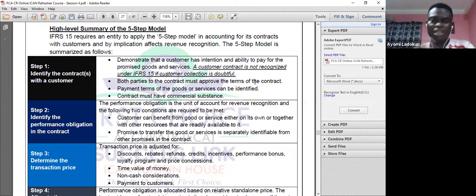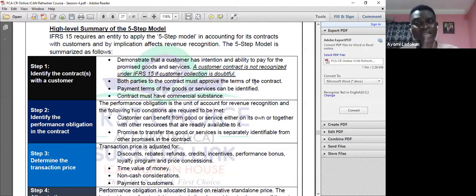So let's now take a look at the meaning. Identify the contract with customer. It simply means that the customer has the intention and ability to pay for the promised goods. That means it has the intention and has the capacity. A customer contract is not recognized if collection is doubtful.